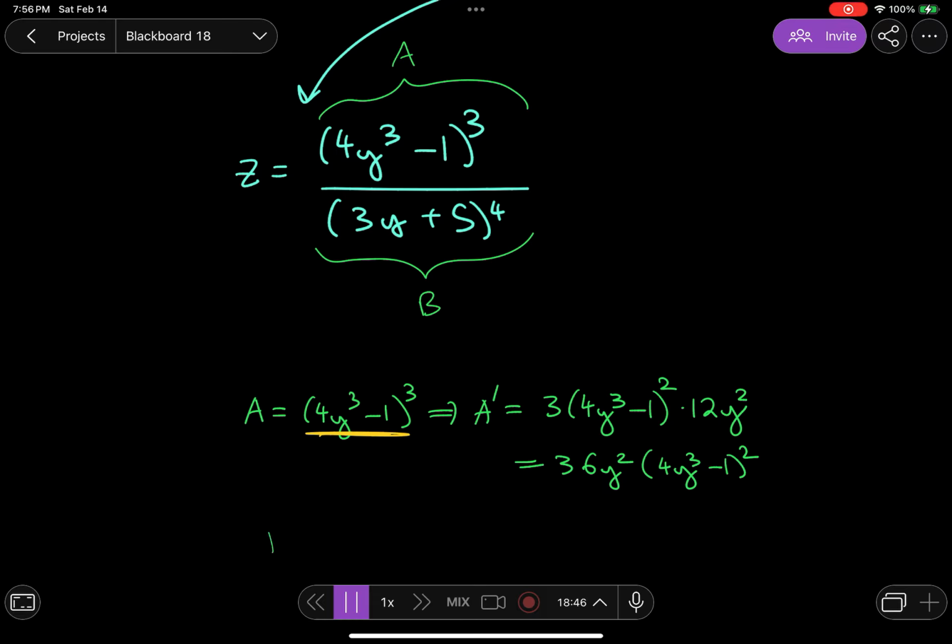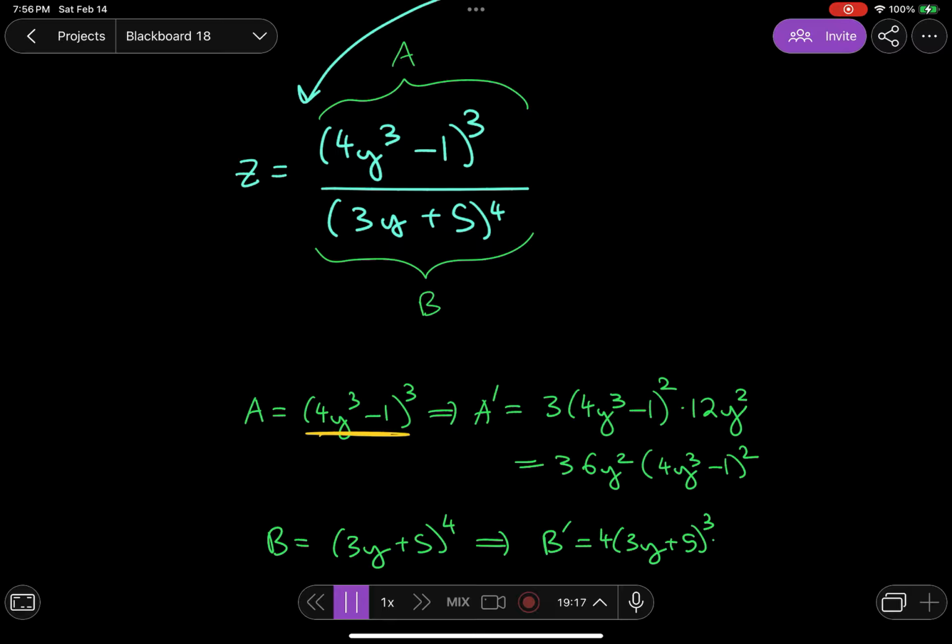And talking about B, B is the same thing as 3y plus 5 to the 4th power, but that means that B prime is equal to, so I have something raised to the 4th power on the outside, so I need to use the power rule. This 4 comes out front, and you decrease the exponent by 1, and then you have to multiply by the derivative of the inside part.